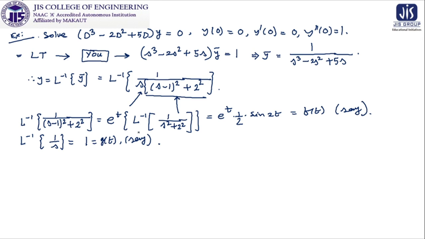So our problem is now converted to the Laplace inverse of f bar s multiplied by g bar s, and we know that the result will be f convolution g.